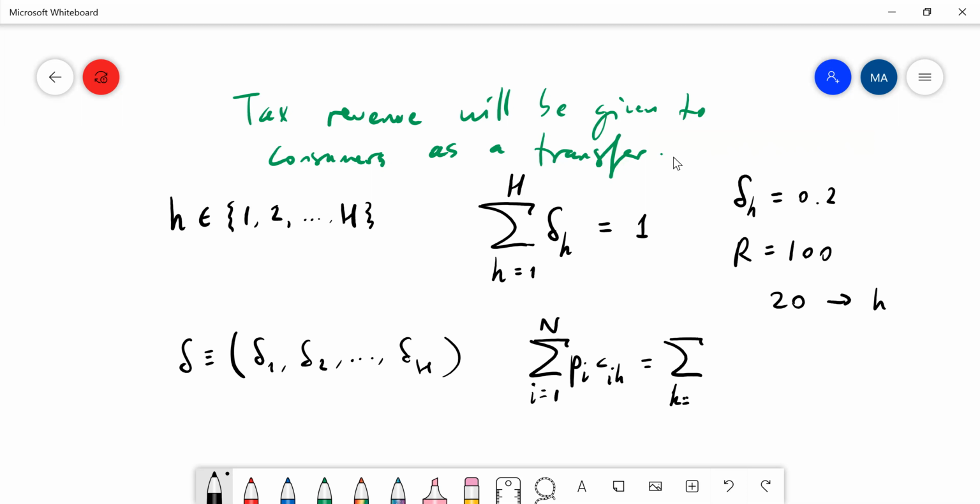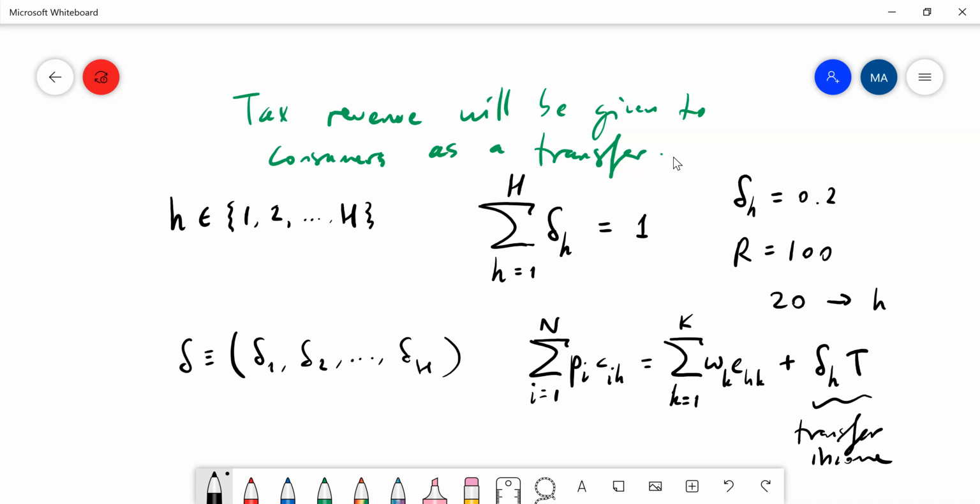So there are factors and factor prices and endowments. Something like that, right? Now, what's happening? Well, now we have this transfer income.